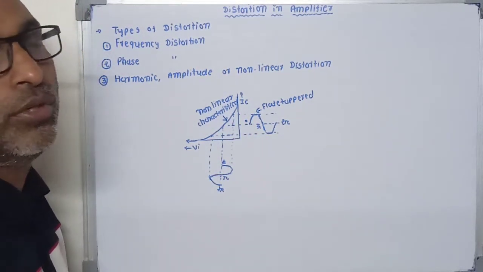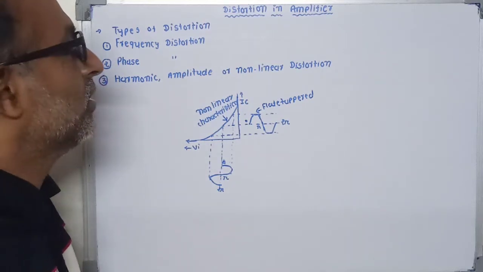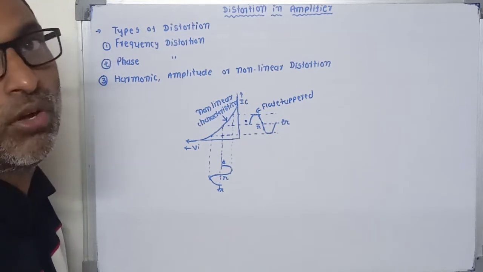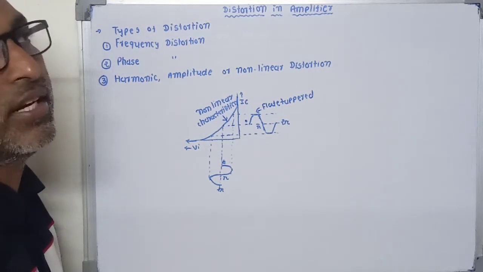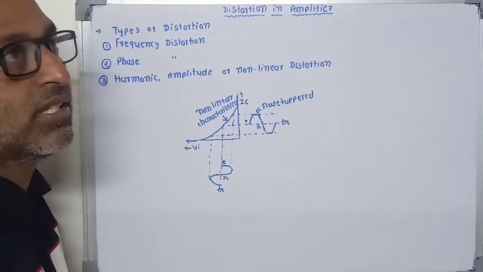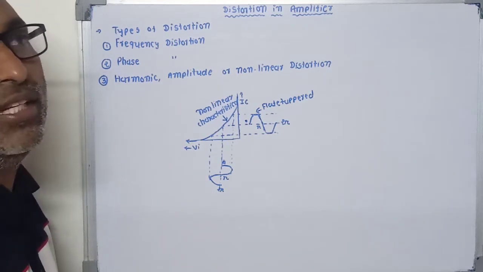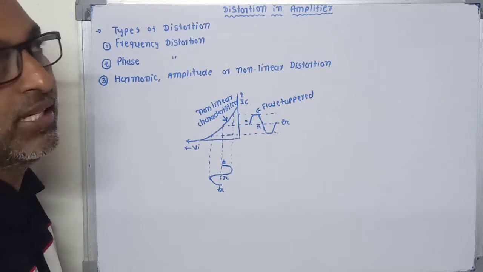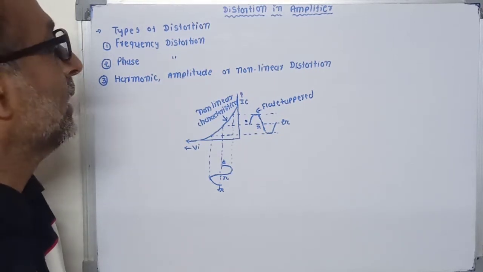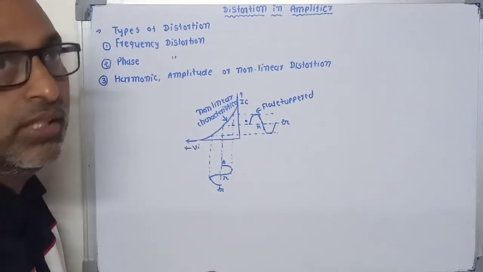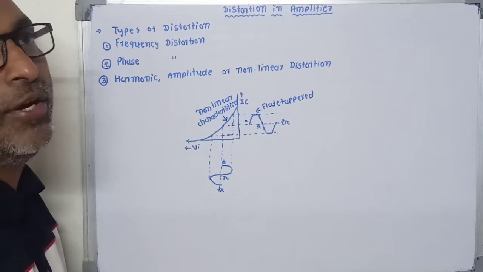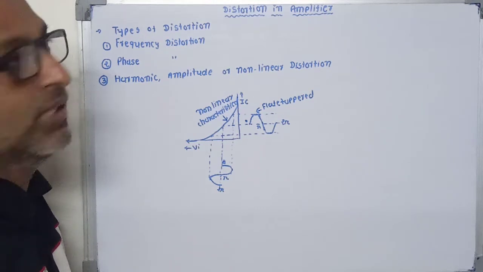Due to this non-sinusoidal signal, it generates harmonics, in which many frequencies are generated along with the fundamental frequency, like 2f, 3f, 4f, etc. The magnitude of these harmonic frequencies is reduced with increasing frequency.